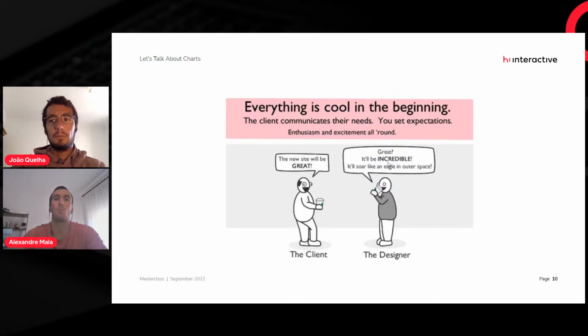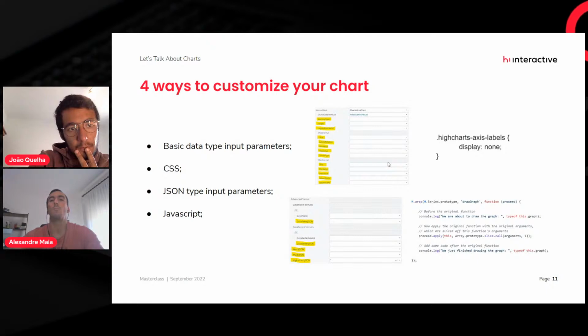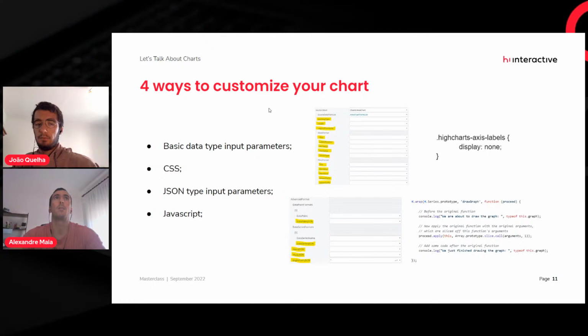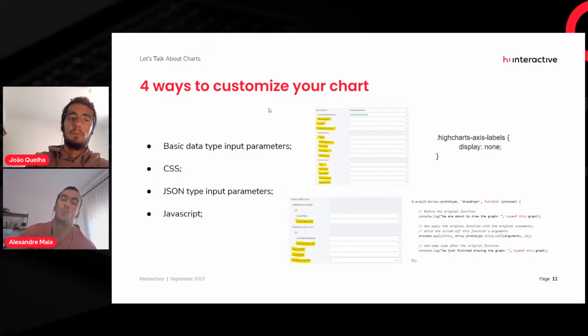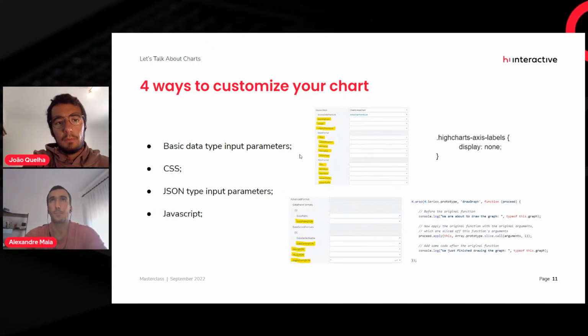I mean, which ways can I use to make sure that my chart gets as good looking as it should? And so I split it into 4 ways. It was a division that I created just to try to simplify and to analyze which ways we have to do this. So you can fill out the basic data type input parameters.